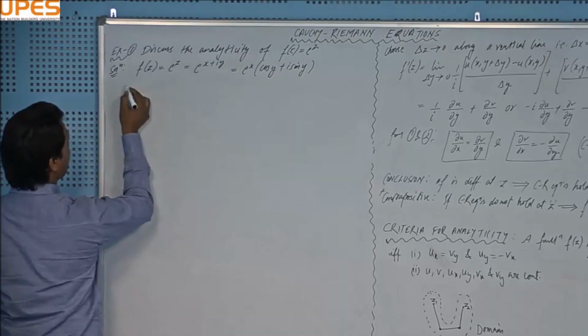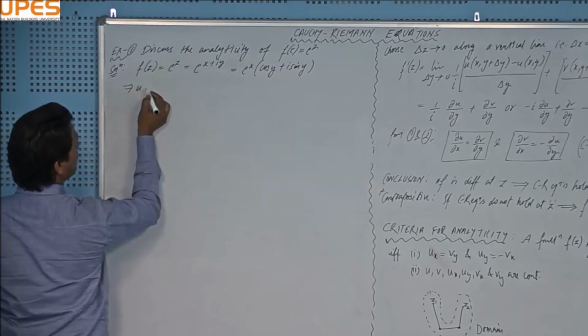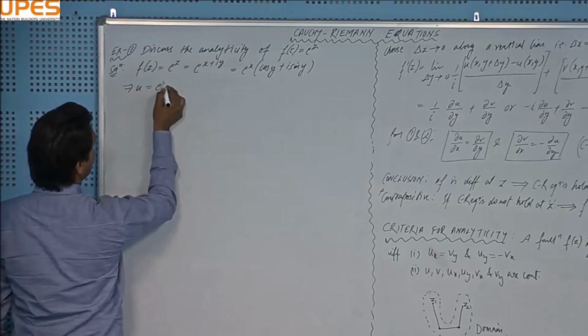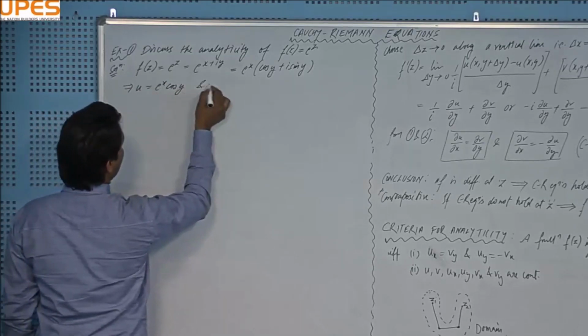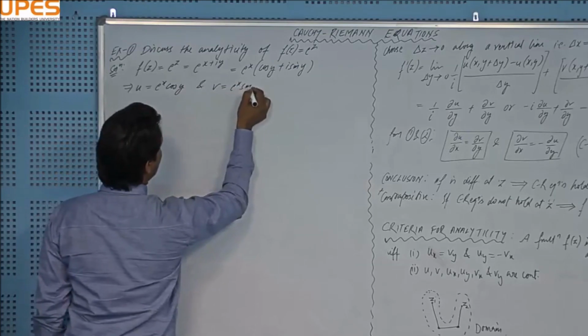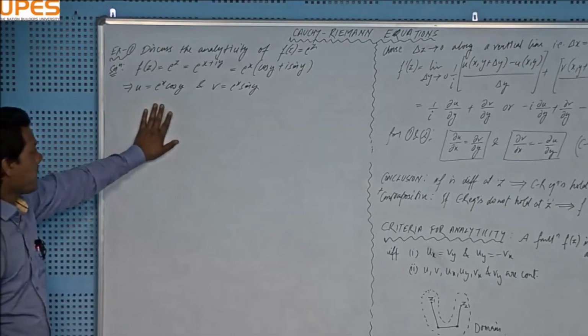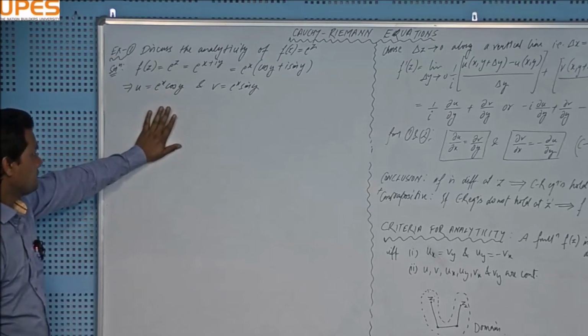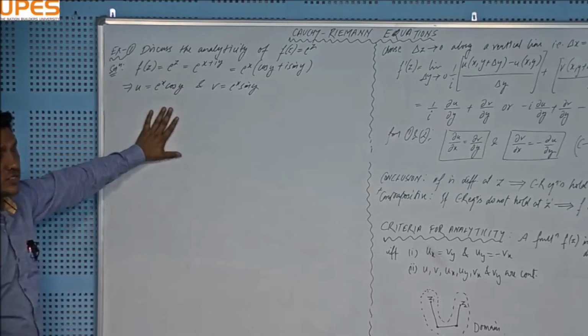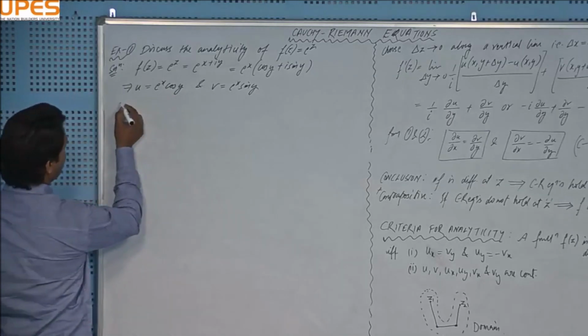And this implies that u equal to e to the power x cos y and v equal to e to the power x sine y. You can see that u and v are both functions of x and y, right? Okay, now I will check the CR equations, and those involve partial derivatives.